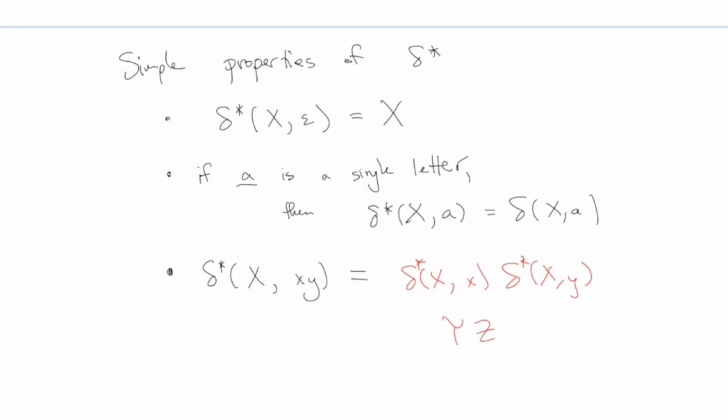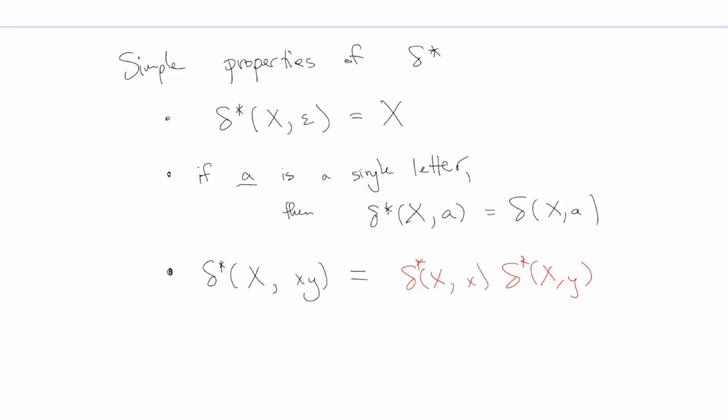Anybody have a better idea about how we can write this idea? I want to say you start in x, you do the first string x, and then from there you do y. You can't just put two deltas next to each other like that, right?